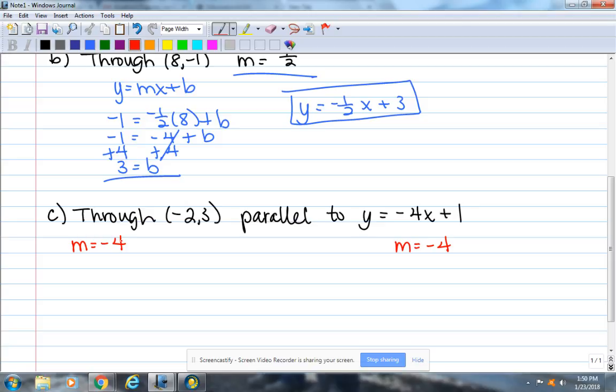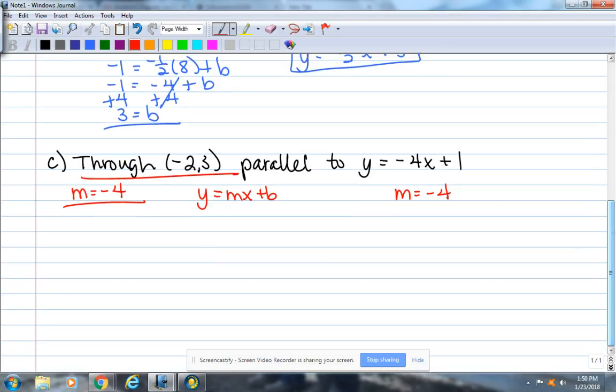All right. Now what we do is exactly what we did earlier. We're going to use y equals mx plus b. And what do we plug in for y? Yep. What goes in for m? -4.